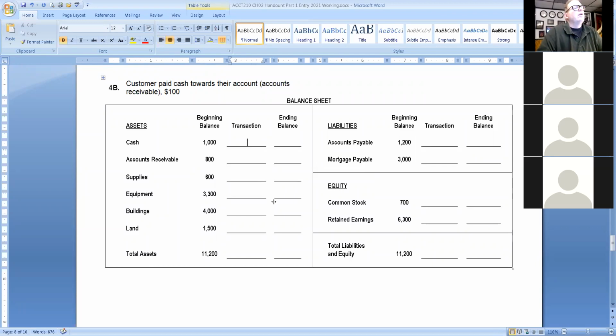Okay. So cash is going up. Accounts receivable is going down.